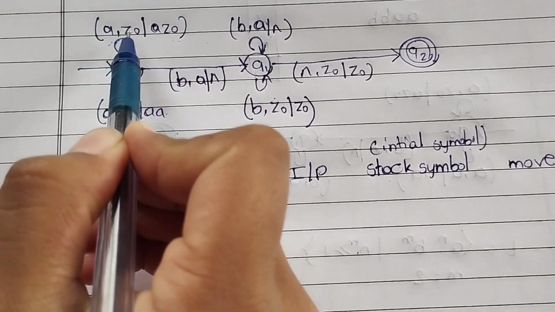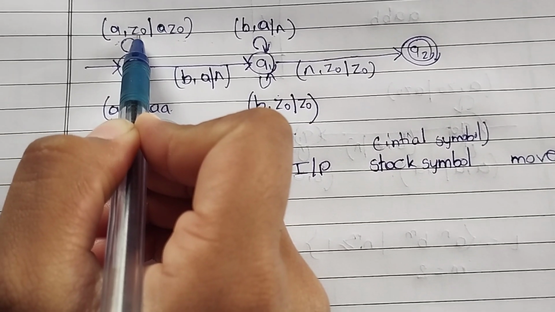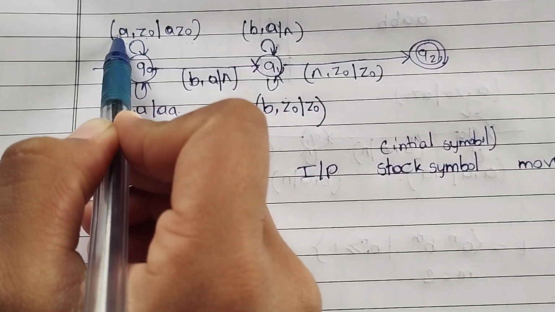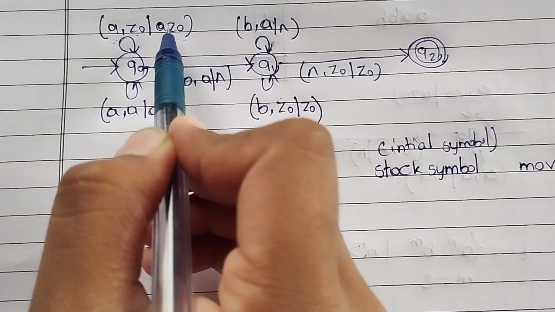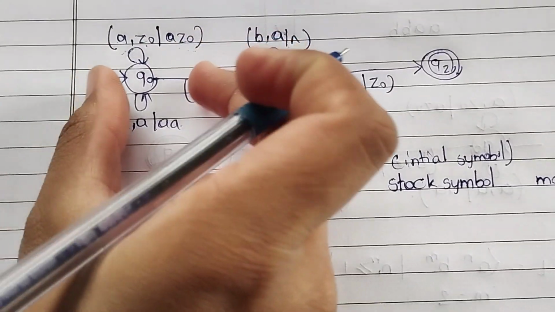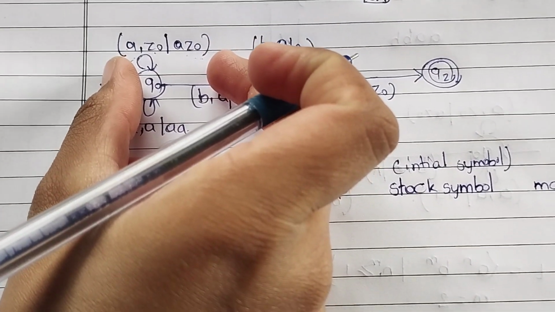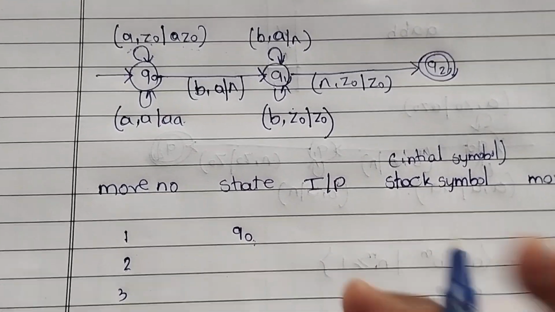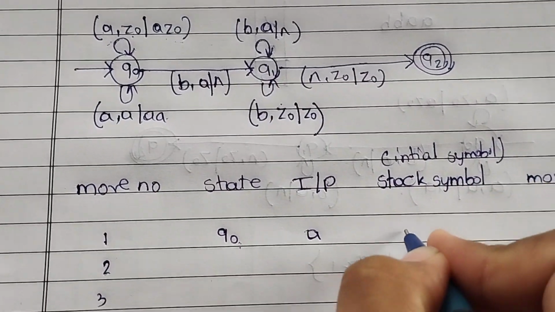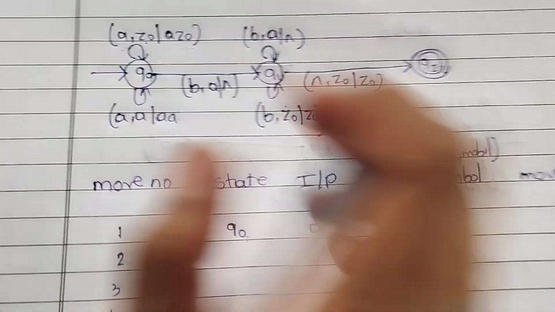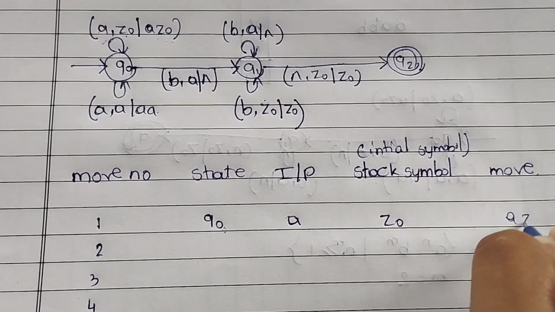Means the input is A, then the initial stack symbol Z naught, and our move is A Z naught. Keep writing all the brackets as they are, one by one. First write A, then Z naught, and then A Z naught.